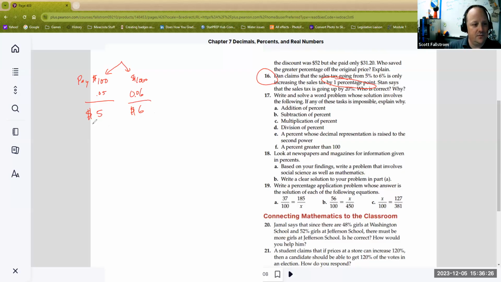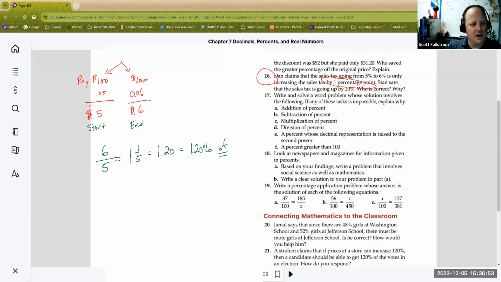Stan says the sales tax went up by 20%. Well, let's see here. Here's what we started with. We paid $5 in tax. Here's what we end with, which is $6 in tax. So if I take the 6 divided by 5, I put that into a calculator. I don't need a calculator here because it's 1/5, which I know is 20%. So this becomes a 1.20, which is 120% of the amount.